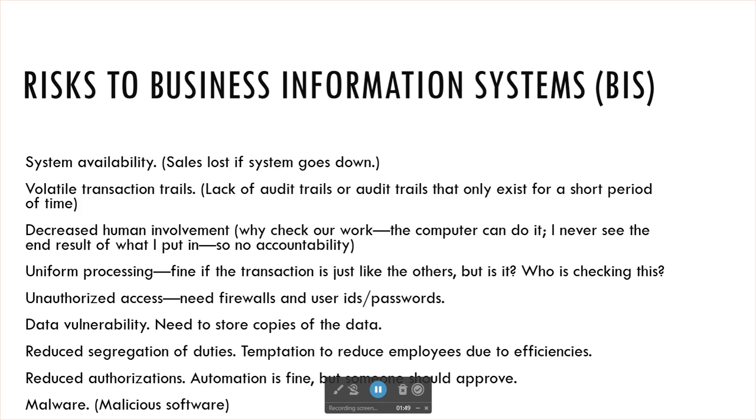If you have transactions, and we were talking about end users and how everyone developing their own particular application wouldn't be good because there'd be a lack of audit trails. You want to have it such that everything is linked together. They call this volatile transaction trails. Either you don't have audit trails or you don't have any lasting relationship between the audit trails.